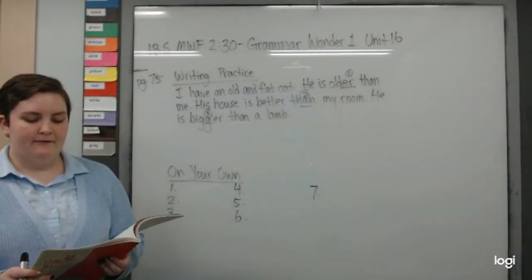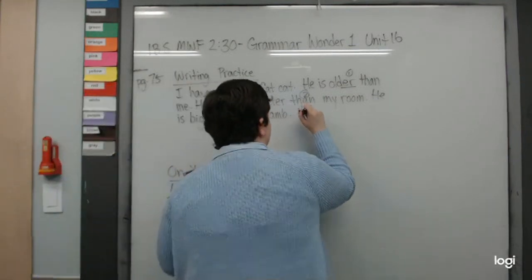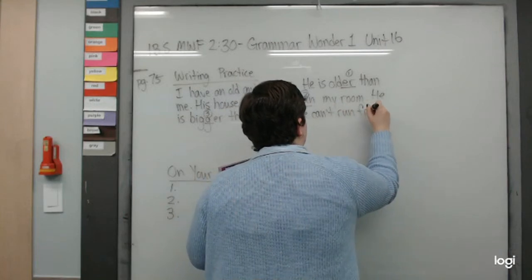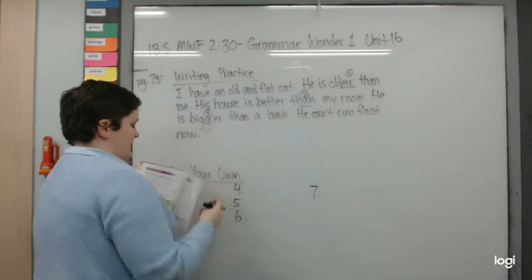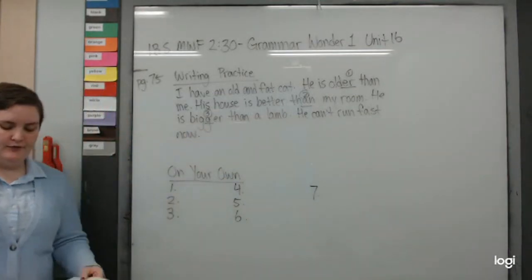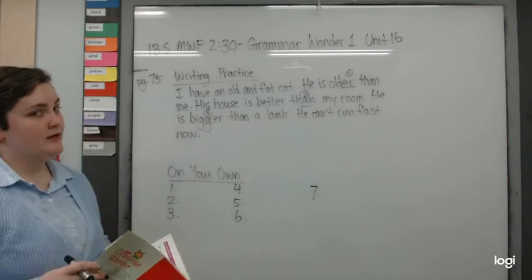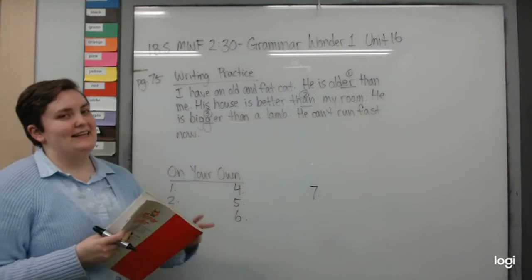He can't run fast now. Okay, that one's fine. He is more slow than a mouse. Is slow a long word? No. So we don't add more, we add ER.